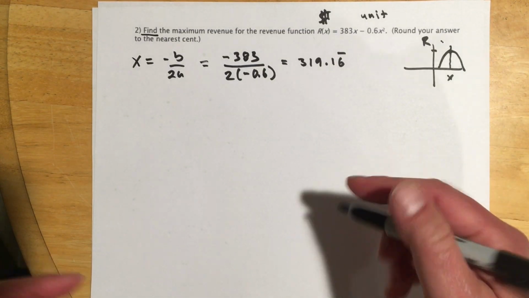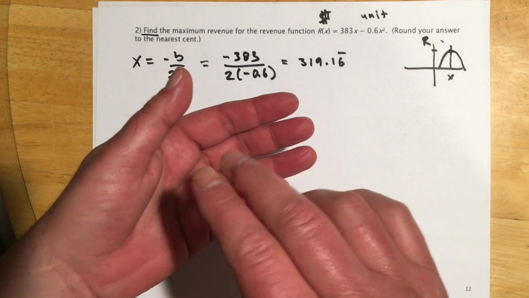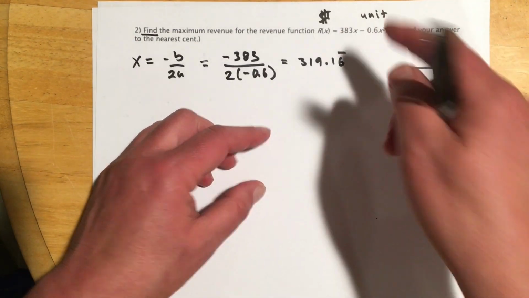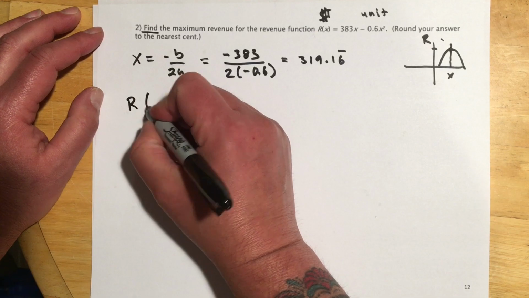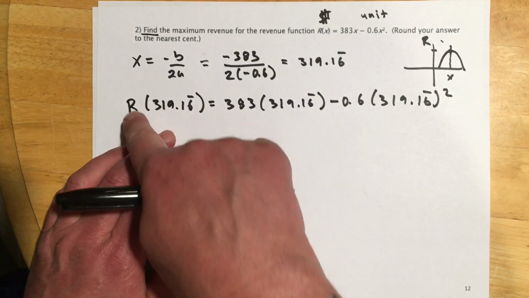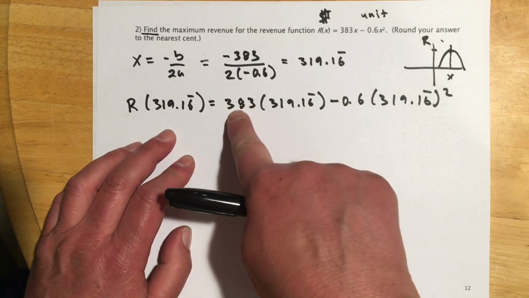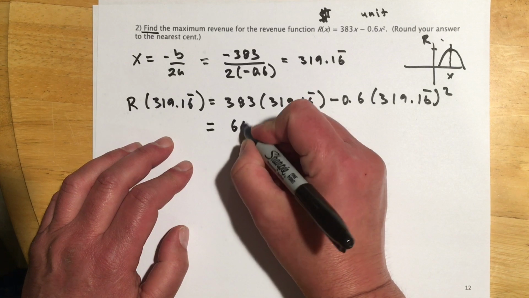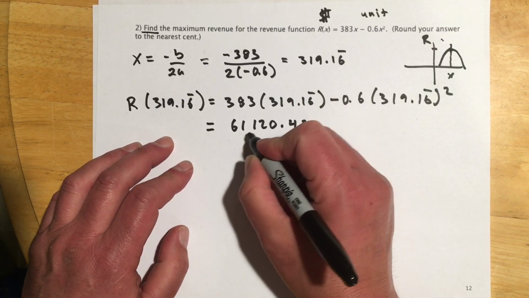So what I would have done then is just typed in the calculator 383 times second function answer, and just copied that whole answer over. So that would look like this. I'll write it out. And so we're finding the revenue at this many units. And so we just put that whole thing in the calculator. And when I did that, I got 61,120 to the nearest cent, 42 cents.